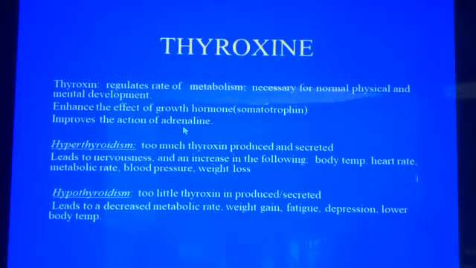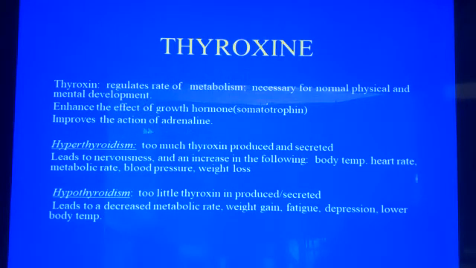Now, thyroxine, under normal situation, when it is produced in sufficient amount, that is as needed, has several functions. One of the roles is to regulate the rate of metabolism, which is necessary for normal physical and even mental development. That means that if it is produced in insufficient amount, there could be cases of mental deficiencies.